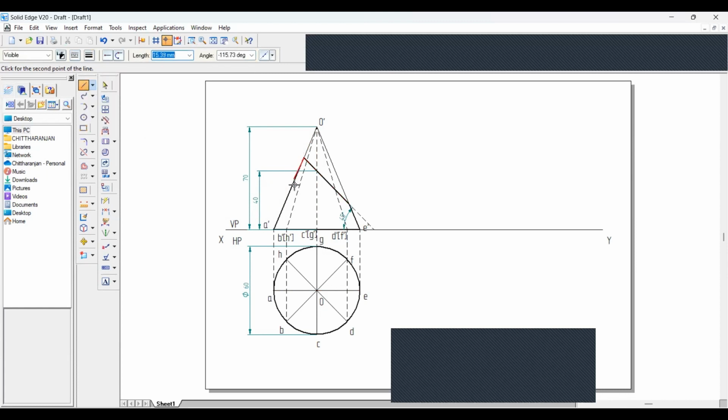Now from this to this, and now this till here. From here to here, it should intersect, and from here also. Here.